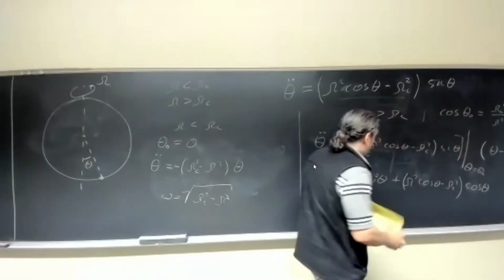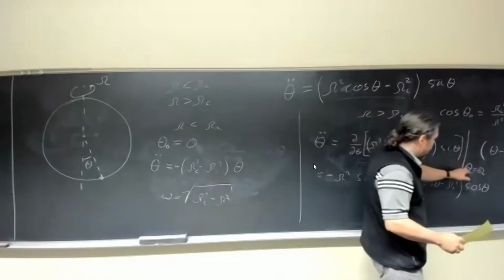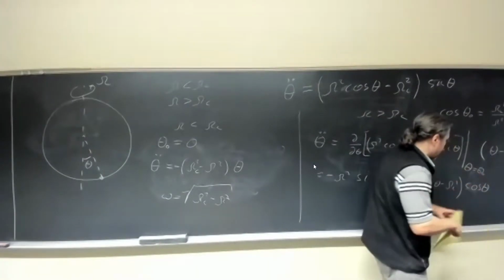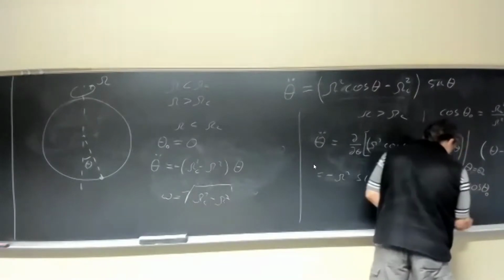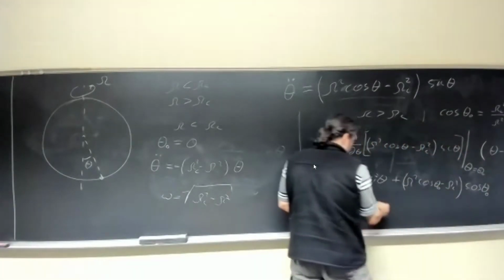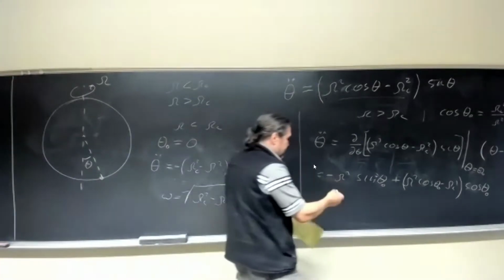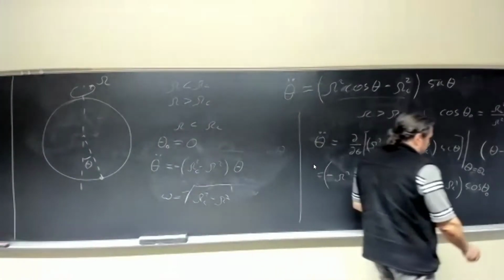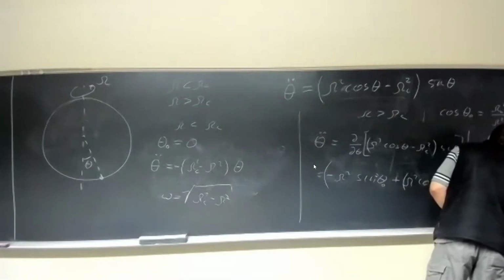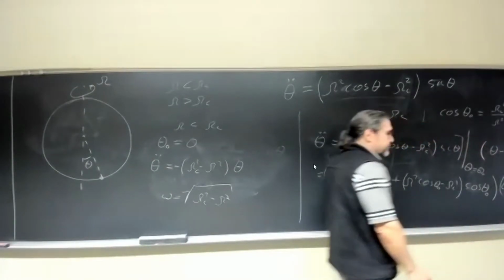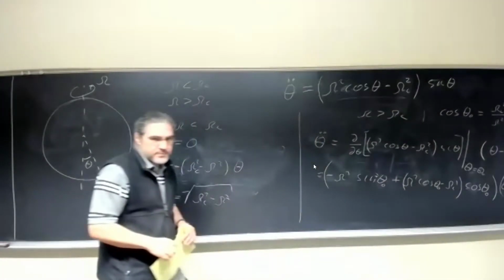Right? Now, after I've done this derivative, I need to substitute theta naught instead of theta. So it's theta naught here, theta naught here, theta naught here. And then after that, everything must be multiplied by theta minus theta naught. Right? That makes sense?